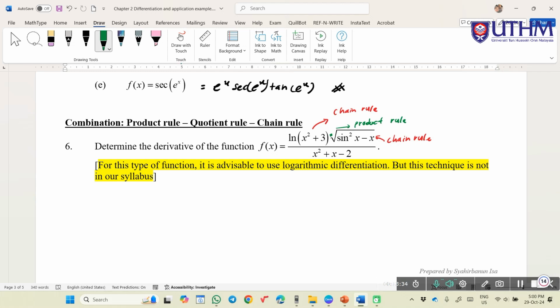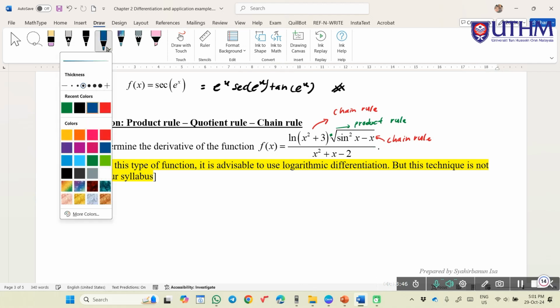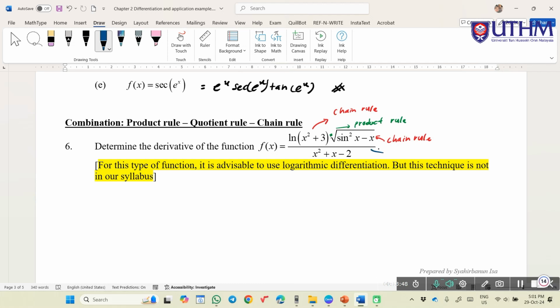Then if we look at the whole function, we have a quotient of functions, or a division of functions. Because of this, we need to apply the quotient rule here. So how do we know when to use the product rule, the chain rule, and the quotient rule?